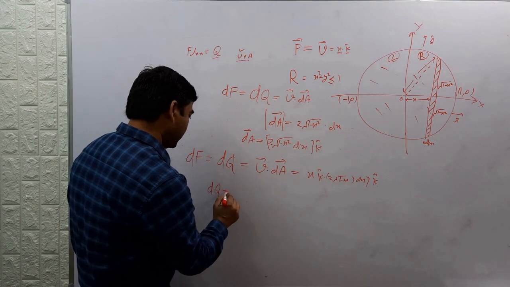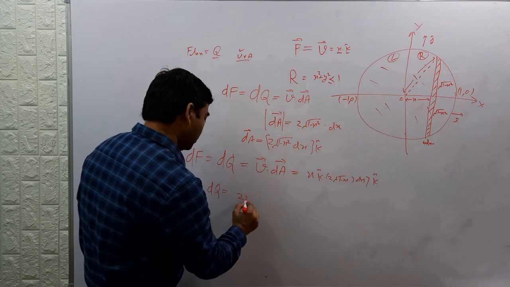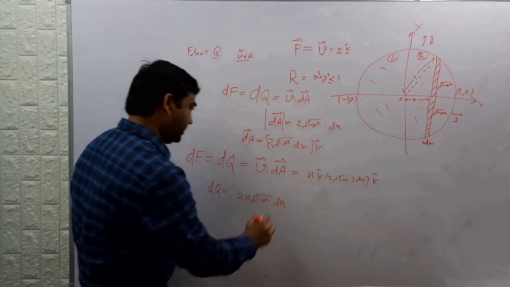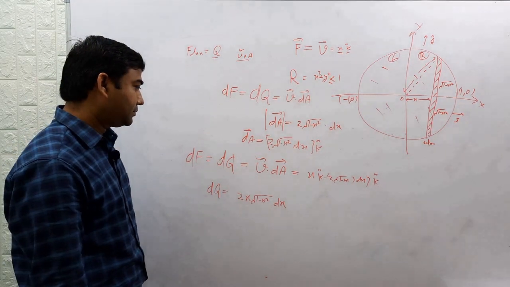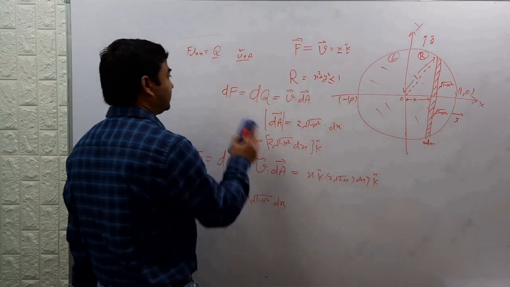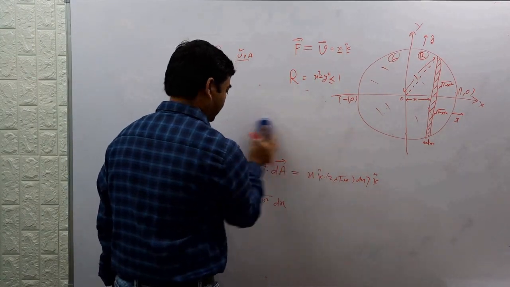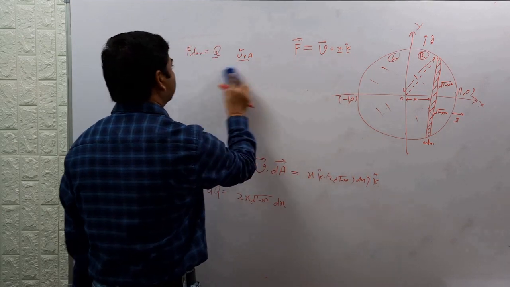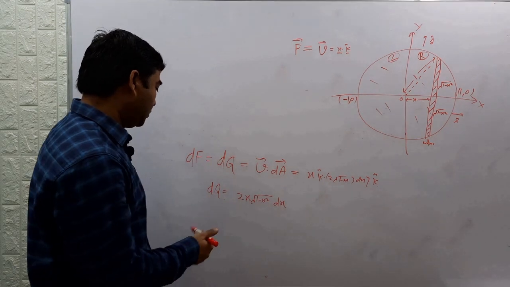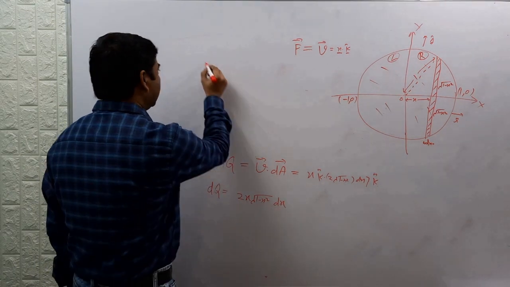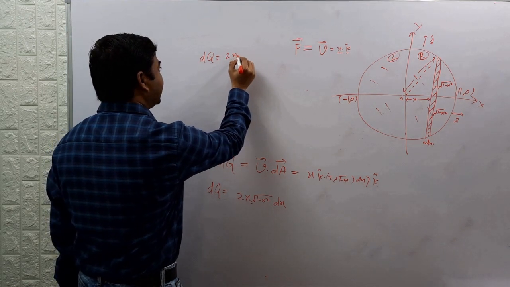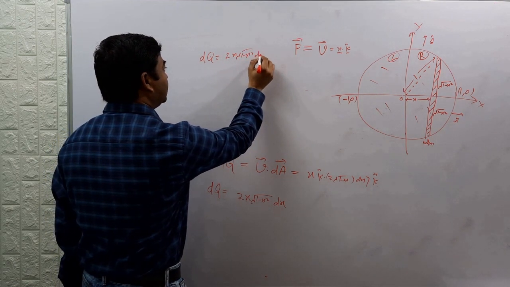So dq is 2x under root 1 minus x square dx. So we have found dq is equal to 2x under root 1 minus x square dx.